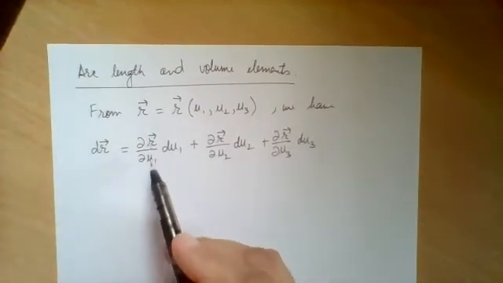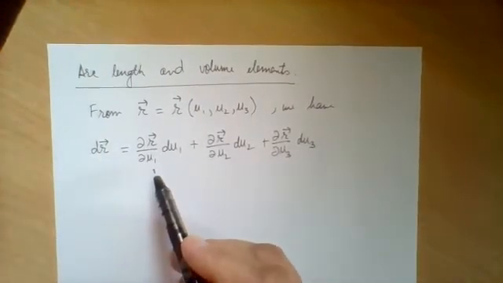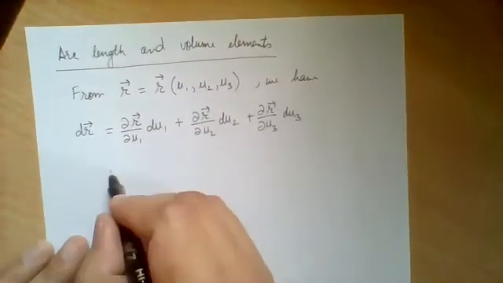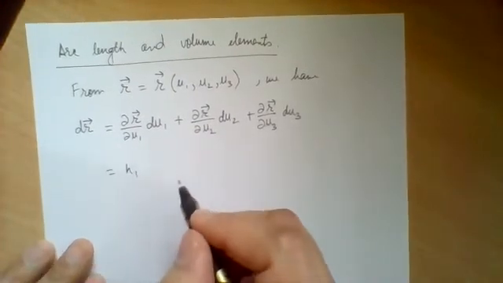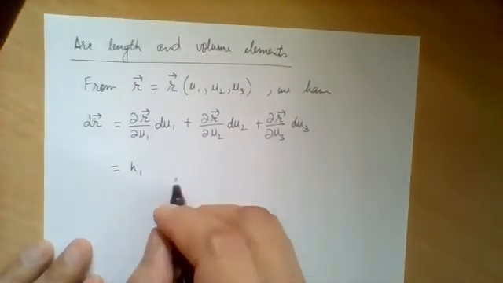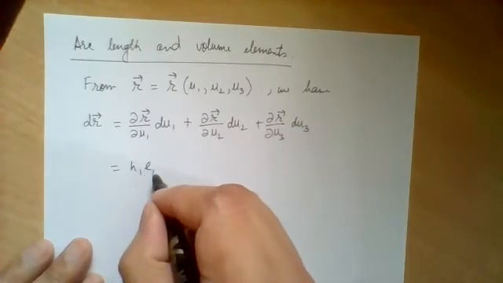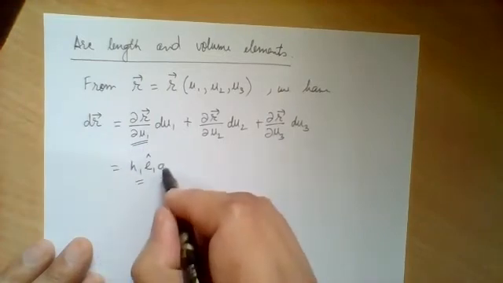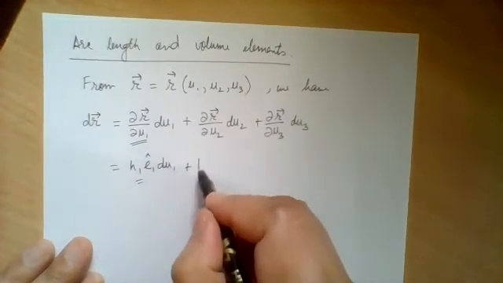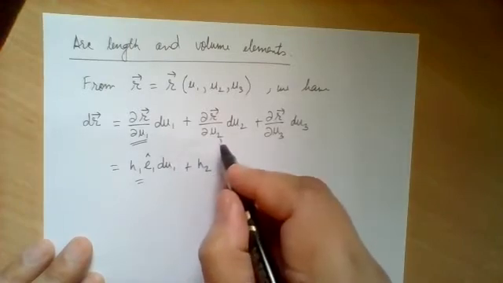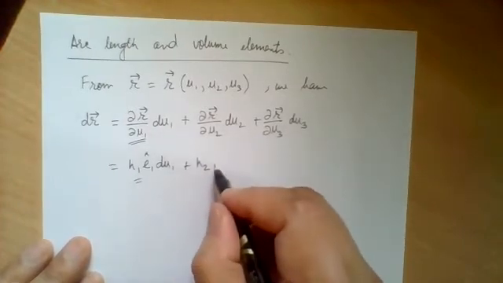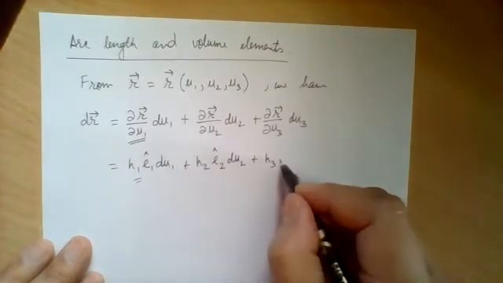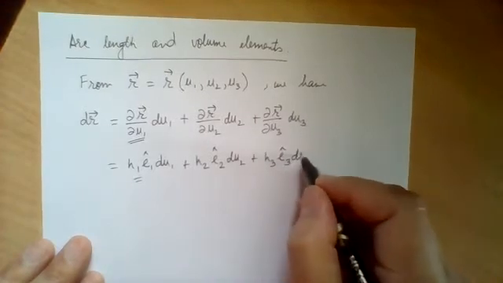And del R by del u1, we already know what this is equal to. This is equal to h1 times e1, the scale factor corresponding to the u1 coordinate times the unit vector corresponding to the u1 coordinate. So dR is equal to h1 e1 du1 plus h2 e2 du2 plus h3 e3 du3.